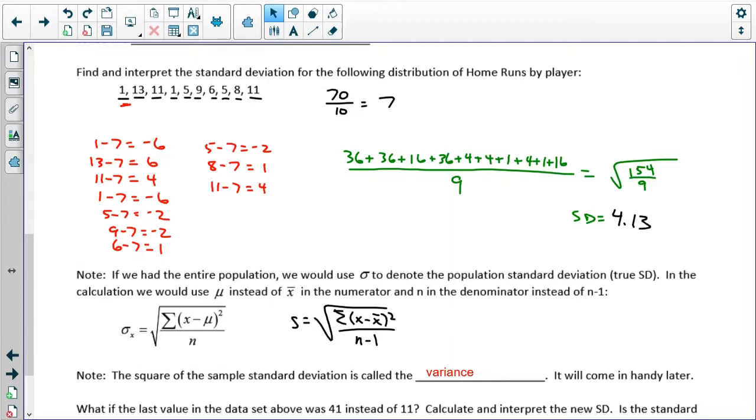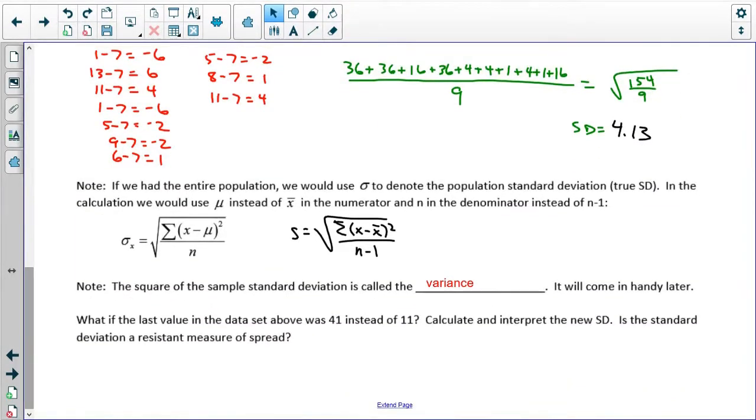We know that the square of the standard deviation is called the variance. That's basically just not taking the square root there. And if the last value was 41 instead of 11, we can very quickly figure out what's happening. Instead of that number being a 16, this wouldn't be 4 anymore. This would be 34.